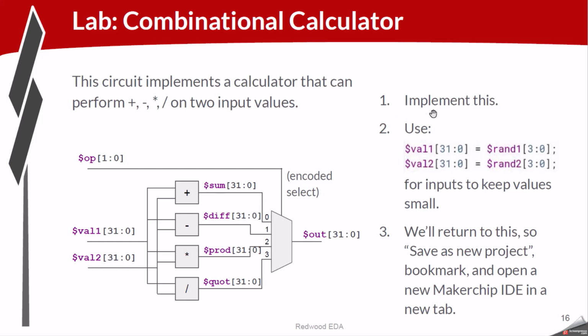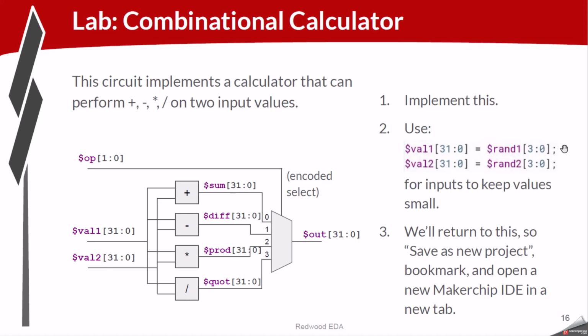So just to note that for your input values, val1 and val2, you can go ahead and use these expressions under item 2 here. What that will do is, rand1 and rand2 will not be assigned.